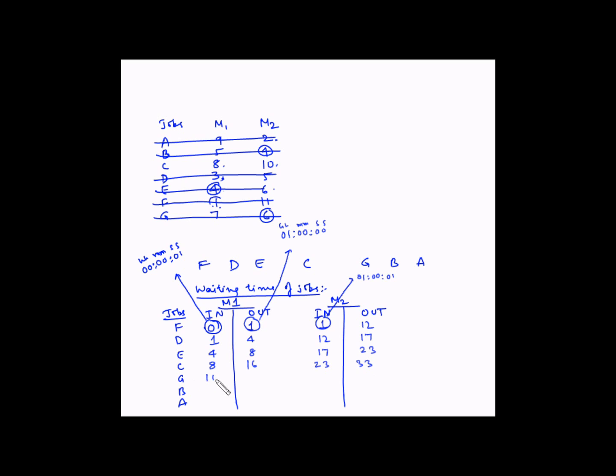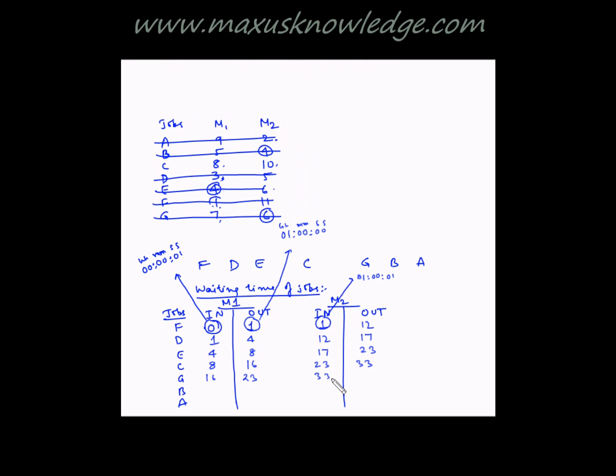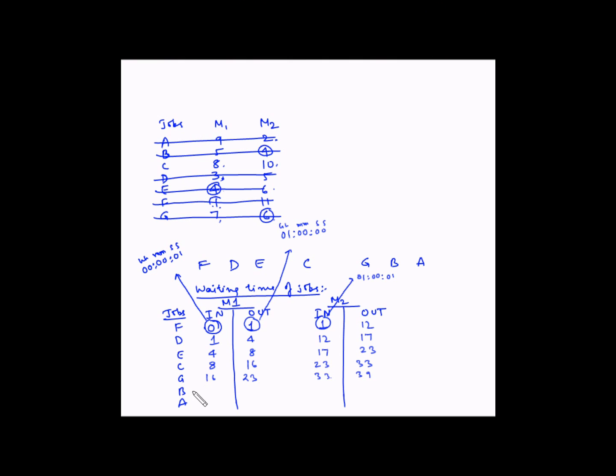For G, in time is 16, and out time is 16 plus 7, that is 23. For G on M2, in time is 33, and out time is 33 plus 6, that is 39. For B, in time is 23, and out time is 23 plus 5, that is 28.